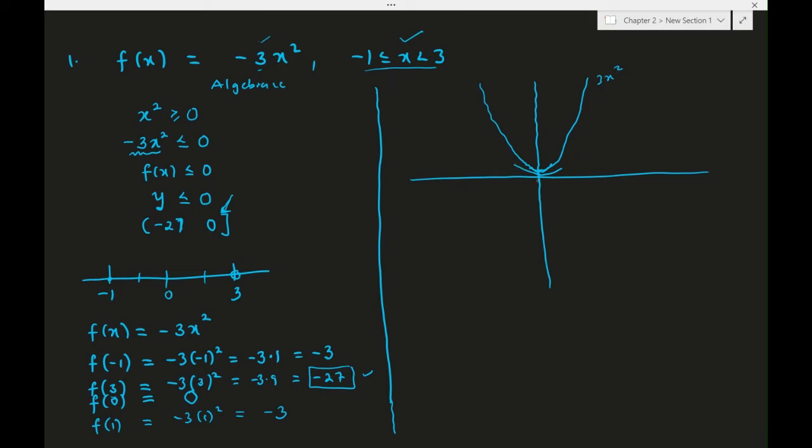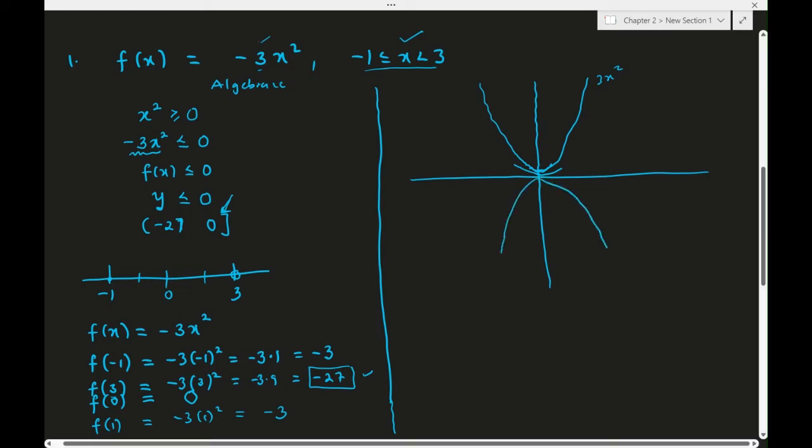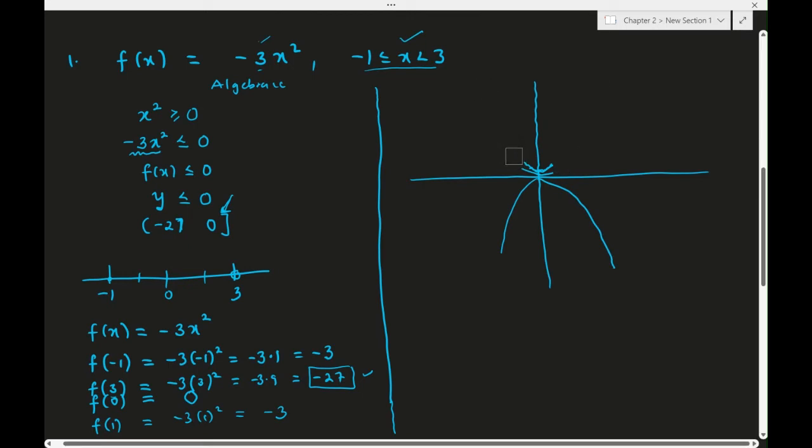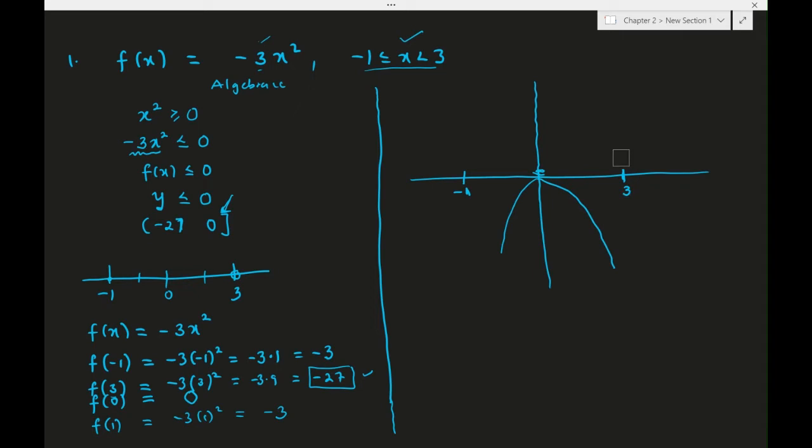Now, let's see. We can reflect it now. We will have something like this. So this is actually the graph because we have reflected across the x-axis. Okay, but what is our interest? Don't forget, our interest is between minus 1 closed and 3 open, right?